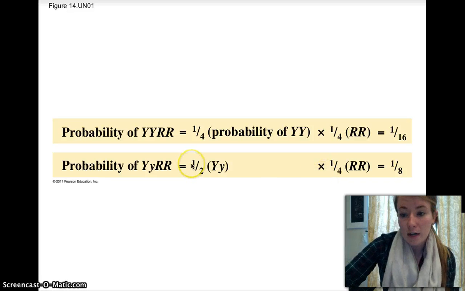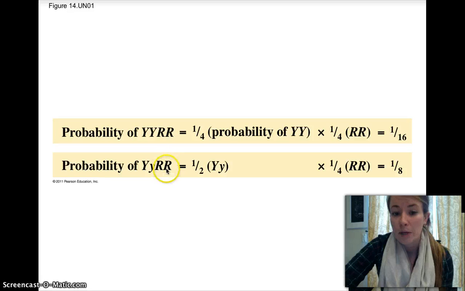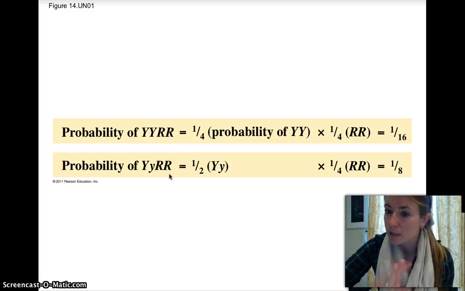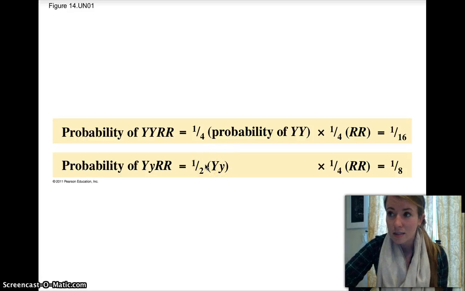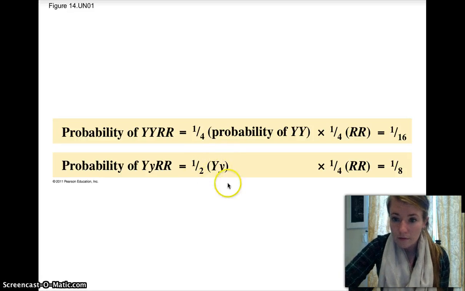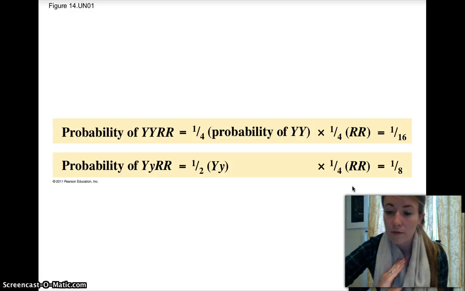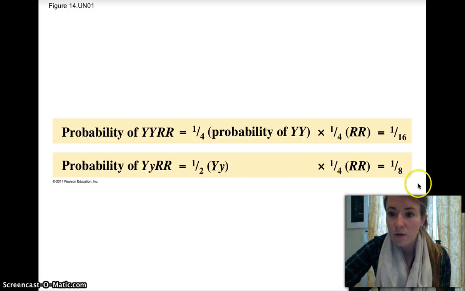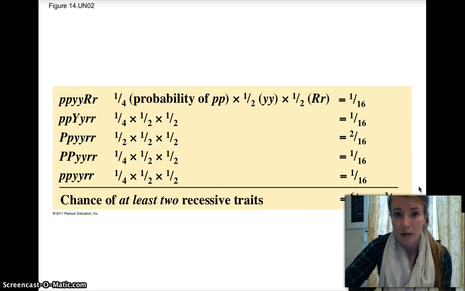Then the probability of ending up big Y, little y, and big R is the same thing, except the numbers are a little different. The probability of ending up heterozygous for seed color is 1/2, just like the probability of ending up heterozygous for anything, times the probability of ending up homozygous dominant for seed shape. So 1/2 times 1/4 is 1/8. So 1/8 of the offspring will be big Y, little y, big R.